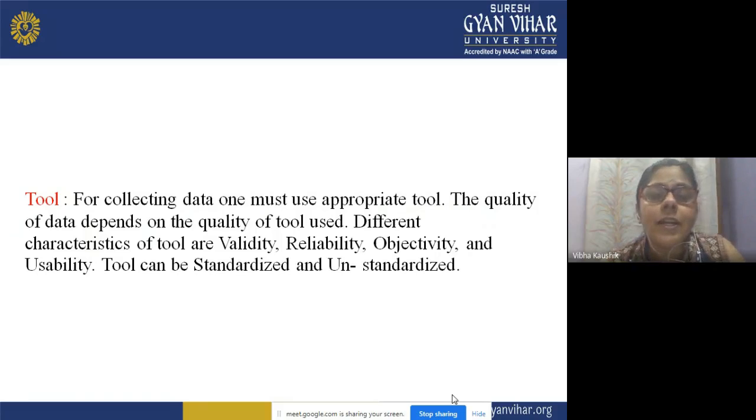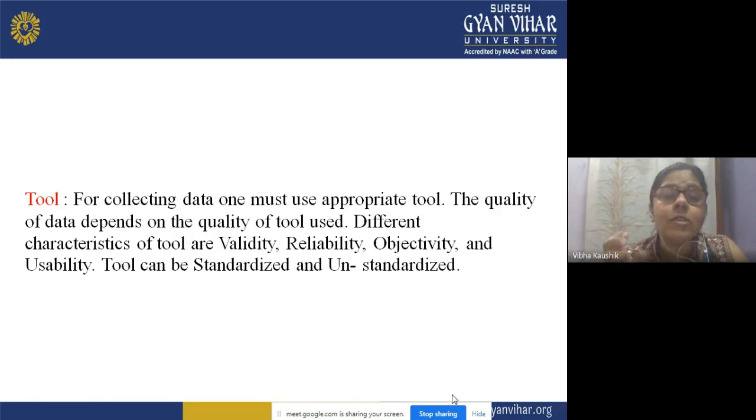Now, tool for collecting data. One must use an appropriate tool. It means a tool is a way of collecting information. For action research, we have to decide which type of tool will be appropriate for that particular research. We have selected the title and our variables.